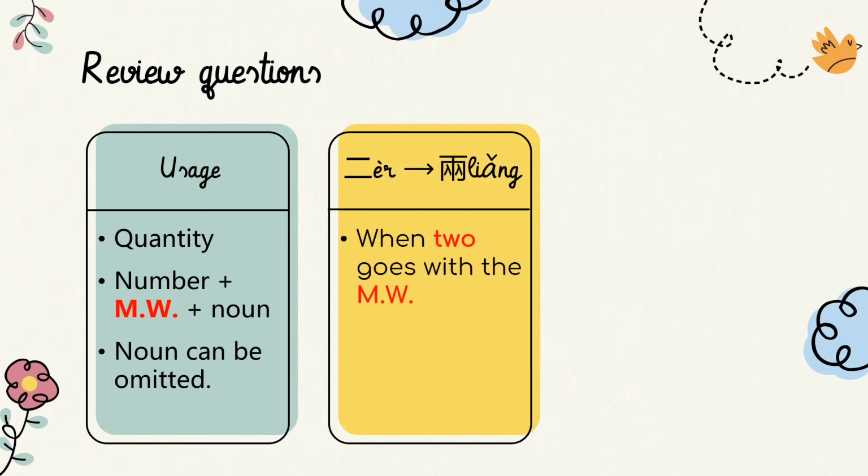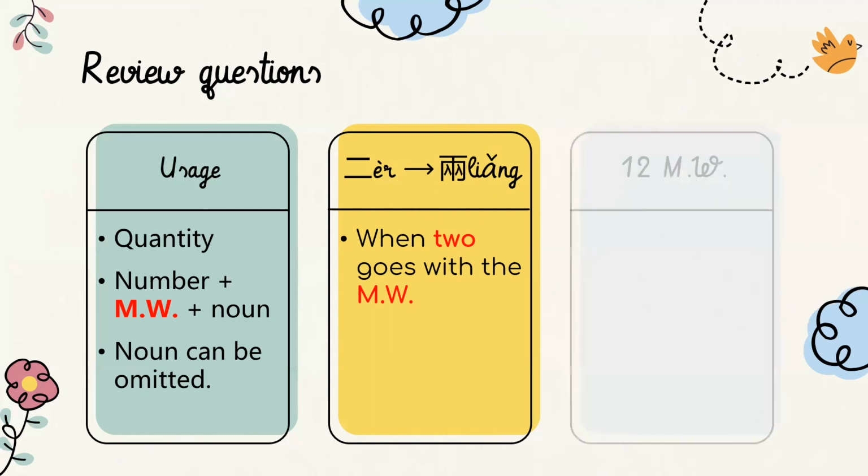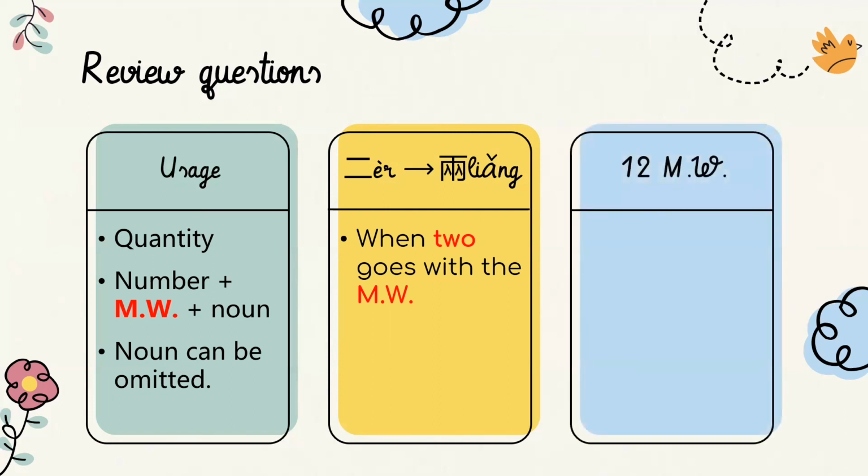When the number 2 goes with a measure word, we have to use 两 instead of 二. And then the 12 common measure words. Okay, tell me, what is the measure word we frequently use in Mandarin Chinese? What is the measure word we frequently use?